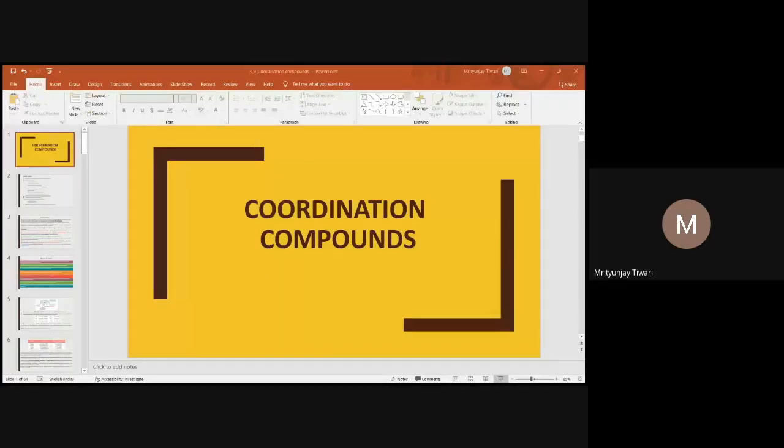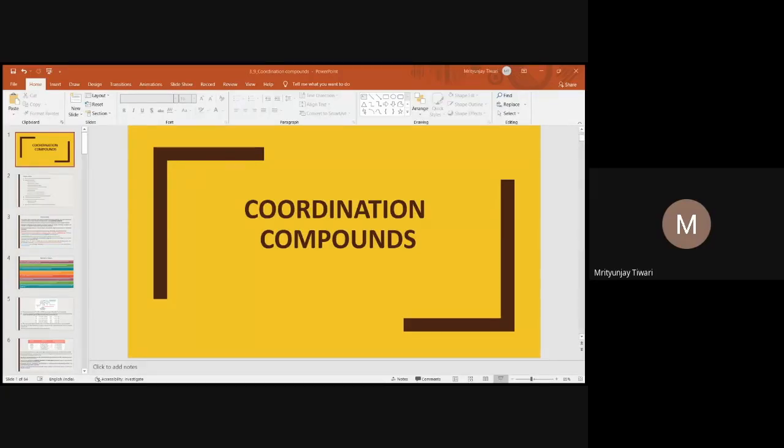For example, look at this coordination entity, [CoCl3(NH3)3]. This entire thing in the square bracket is a coordination entity, which Werner called the coordination sphere, in which the cobalt is surrounded by three ammonia molecules and three chloride ions. The coordination entity may have a certain charge, positive or negative, or it may be electrically neutral.